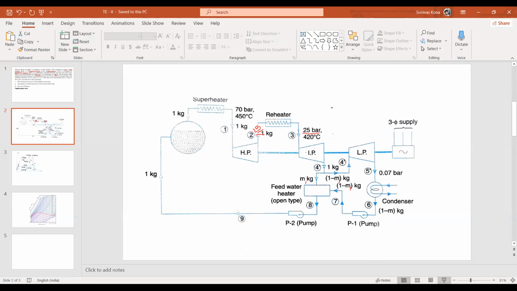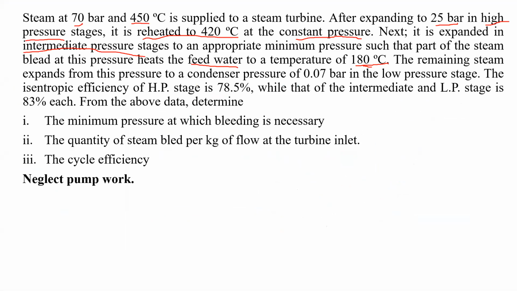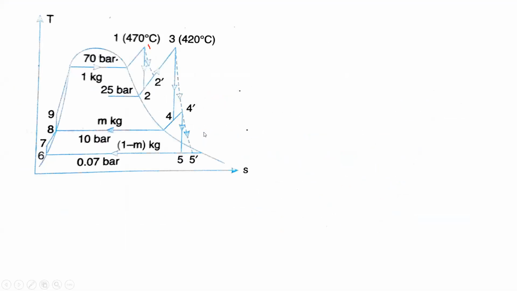What is the minimum pressure you have to calculate for the steam bleed? At this particular condition, I have to take 180 degrees centigrade. I am taking the steam bleed. At this condition, the pressure is the saturated pressure.